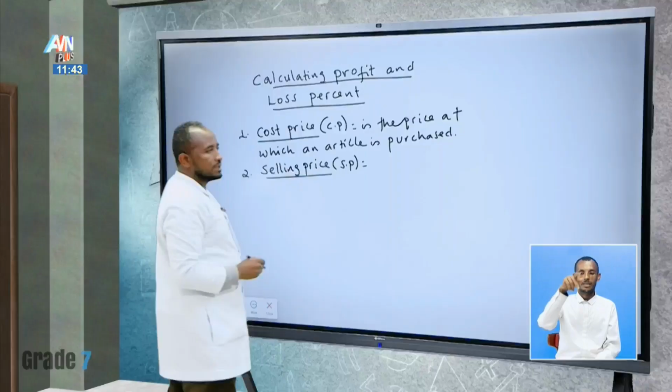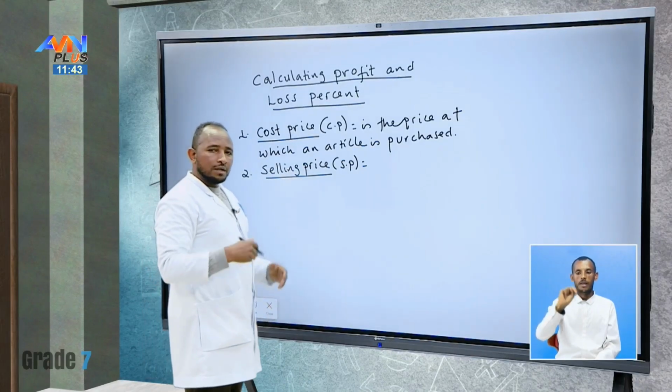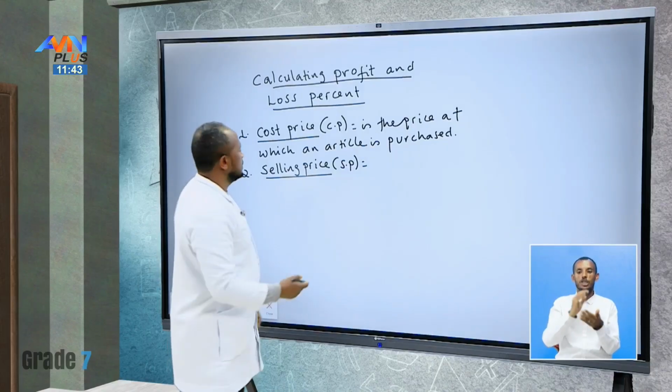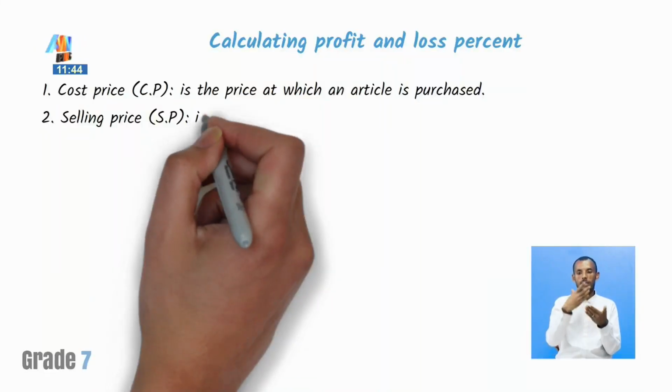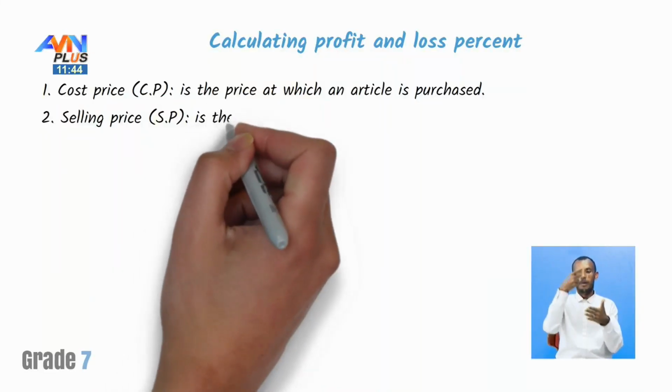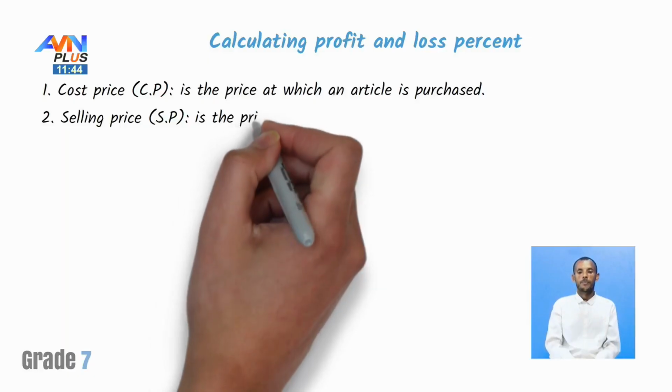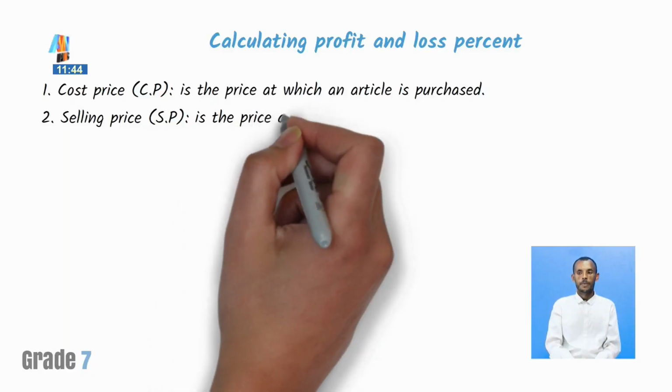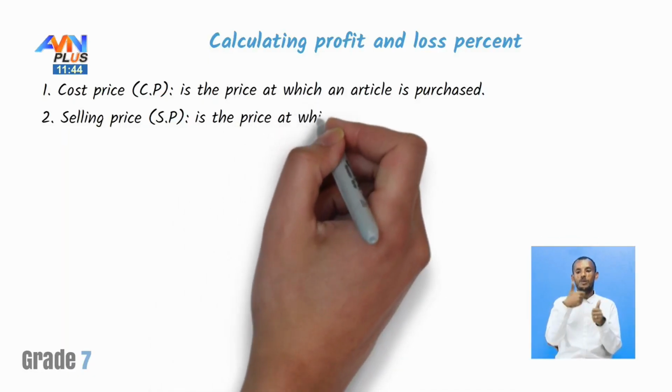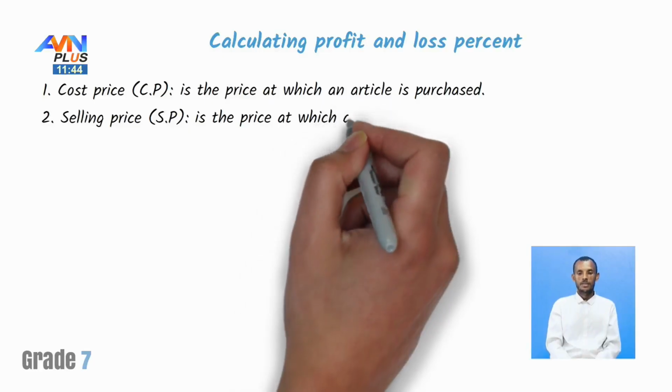This is the price at which an article is sold. So selling price is the price at which an article is sold.